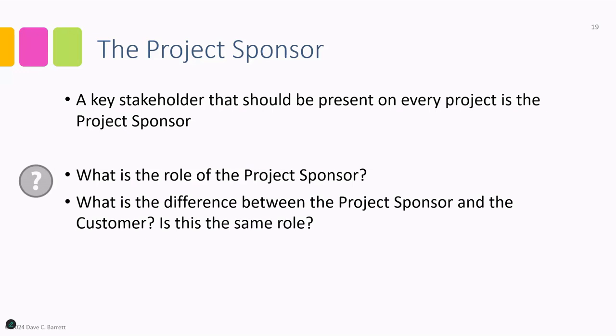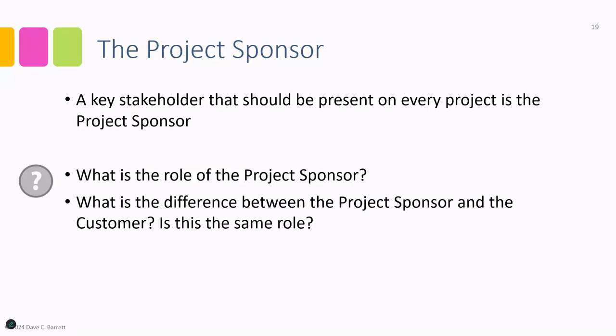In that instance, the customer is both the customer and the project sponsor at that point, because they are providing the funding to build that house. So there are some projects where the project sponsor and customer reside in the same role, the same person or people. And in other projects, the project sponsor and the customer are two different entities.